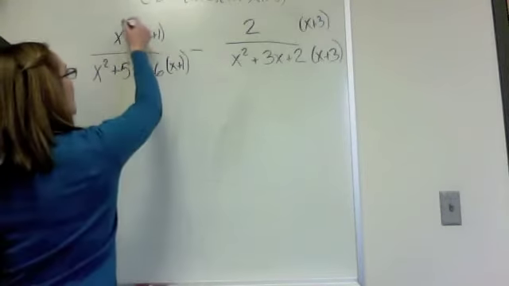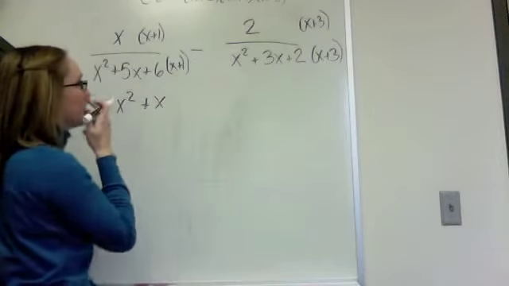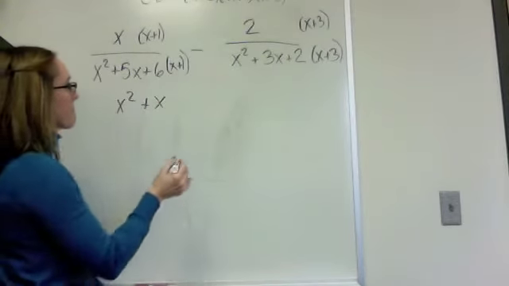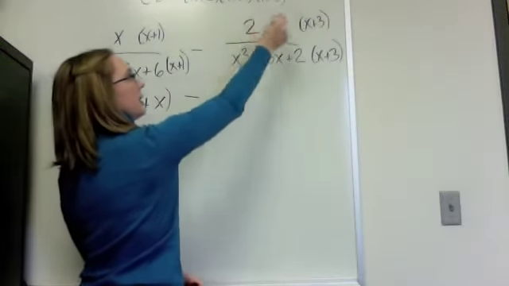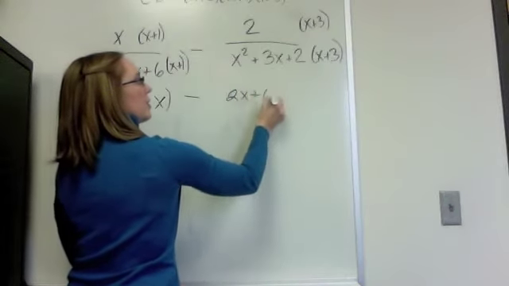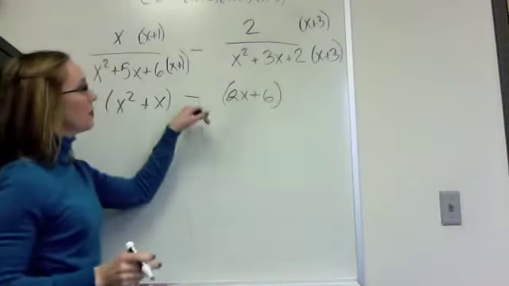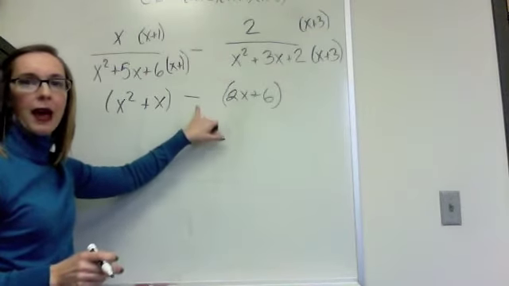So up here I've got x squared plus x, because I have to distribute. Minus, and then over here I've got 2x plus 6, but I'm putting the parentheses around this because I want to remember to distribute that.